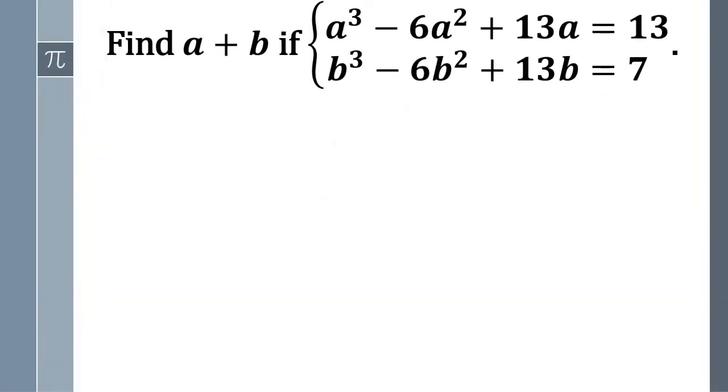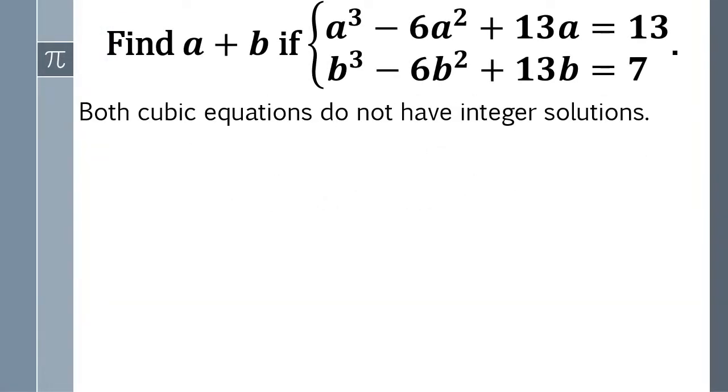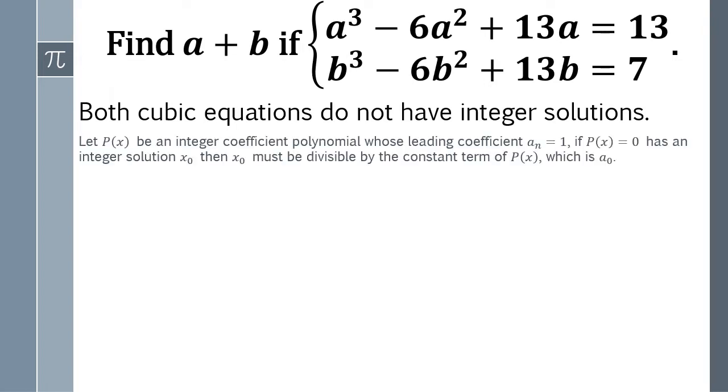When I saw this question, I noticed both of the two cubic equations do not have integer solutions. I made this conclusion based on a very useful lemma. Let p(x) be an integer coefficient polynomial whose leading coefficient a_n equals 1. If p(x) equals 0 has an integer solution x0, then x0 must be divisible by the constant term of p(x), which is a0.